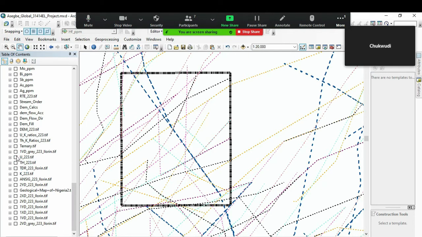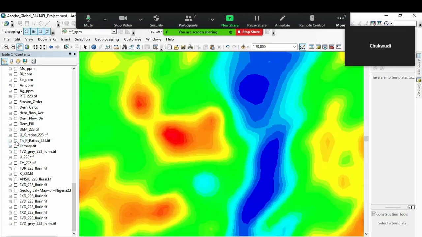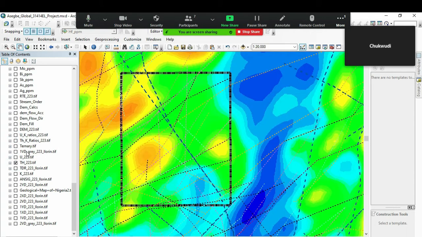Now, if for example we are looking at alteration zones, and this is my thorium concentration, and this is the area I've interpreted to have some shearing and some structures capable of hosting mineralization. If you look at this regionally, using this thorium concentration, nothing will give you an indication of any alteration here. Rather, you can see some structures running in this direction.